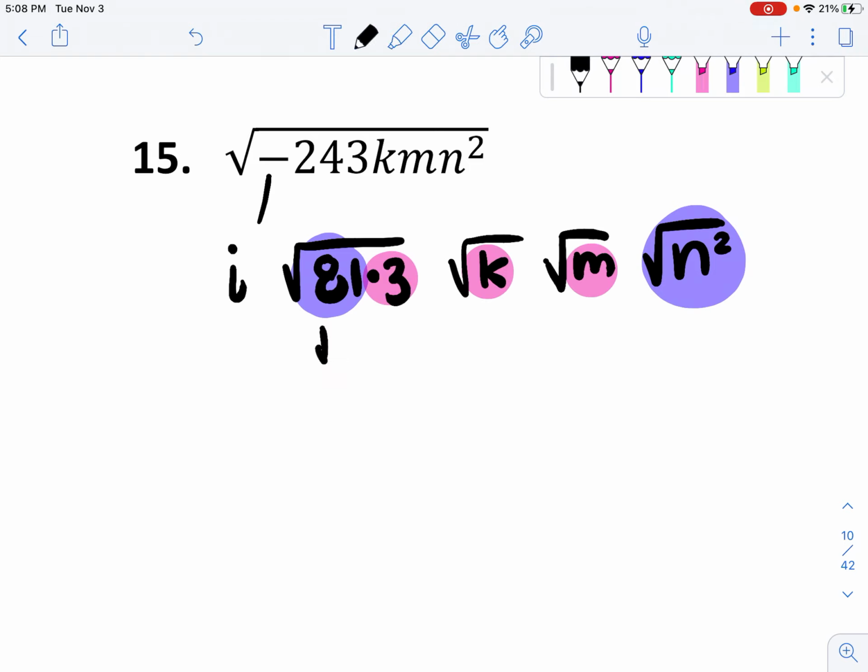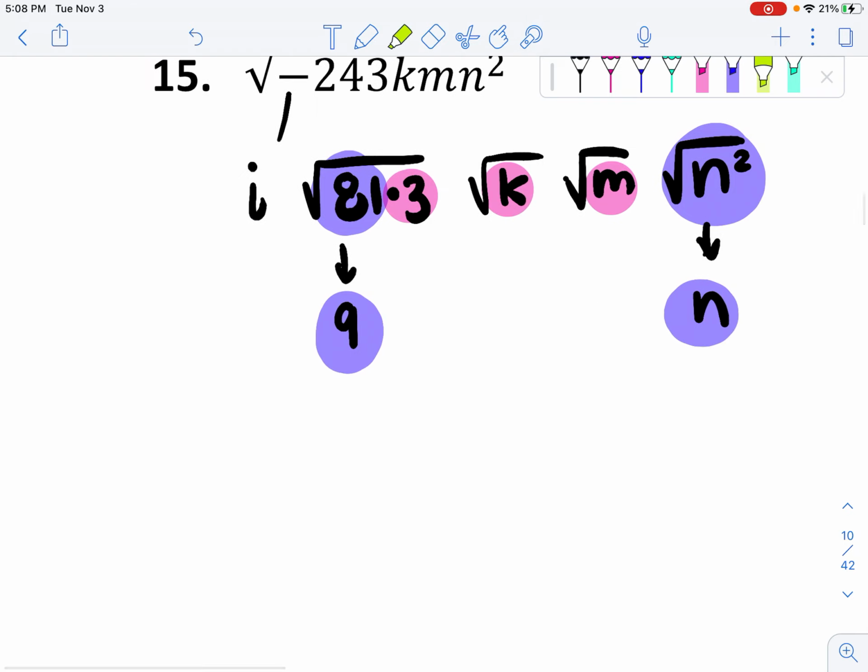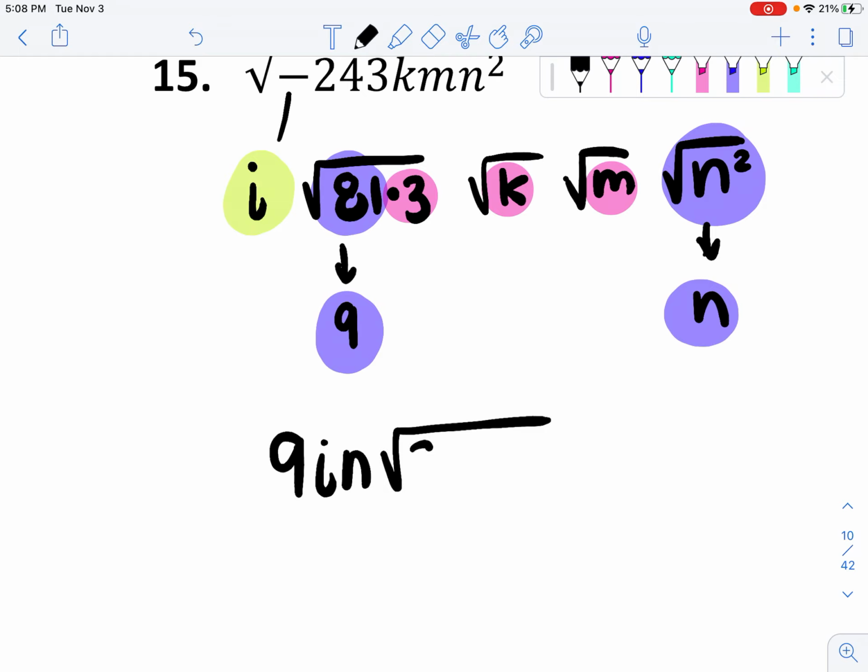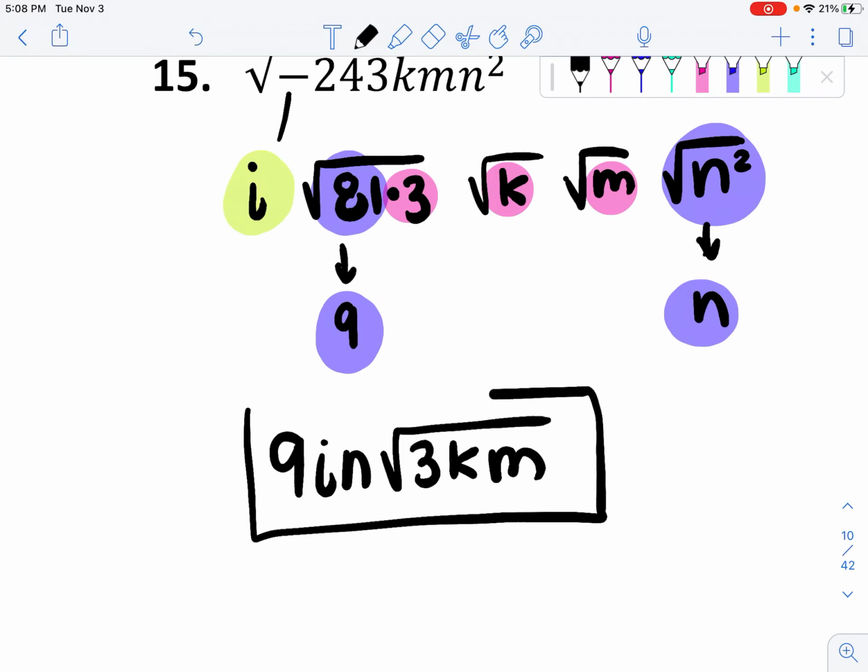These three guys are going to be trapped. So this is going to give me a 9. This is going to give me an N. So those have been released with the i. The i is also outside. So I can say this is 9Ni or 9iN. And then underneath I had the 3, the K, and the M. That couldn't come out.